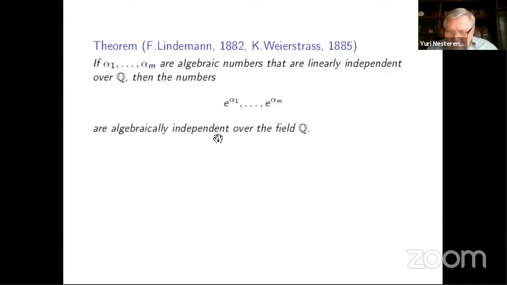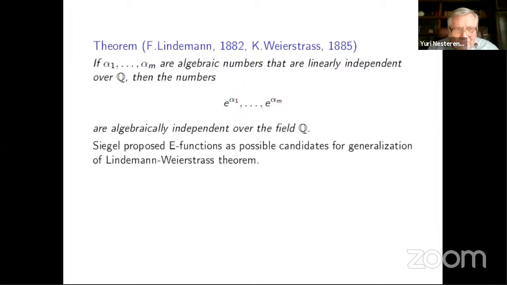They are not connected by any polynomial with rational coefficients. So Siegel proposed E functions as possible candidates for a generalization of the Lindemann-Weierstrass theorem, a bigger class of functions with such a statement.